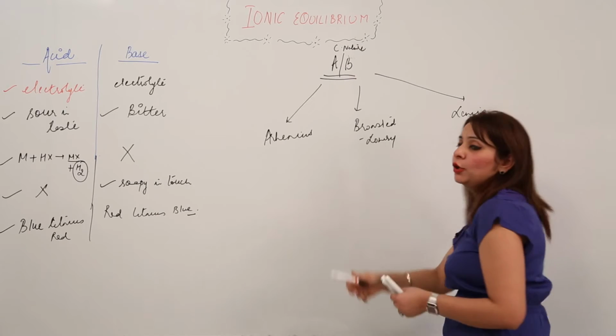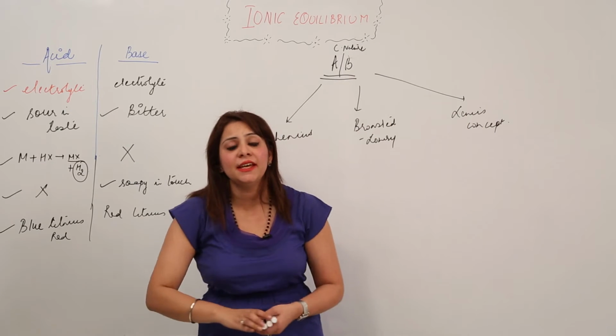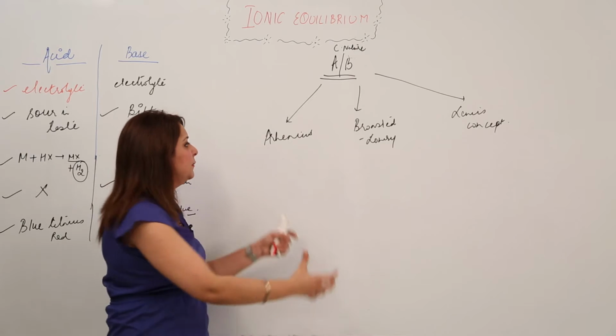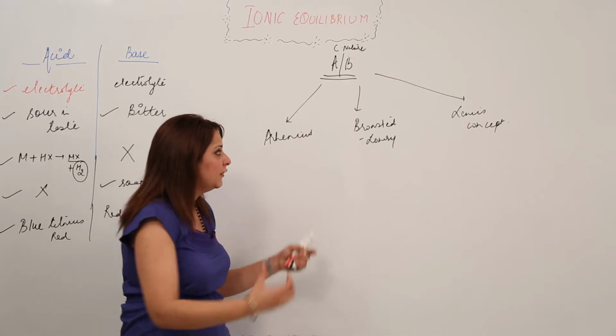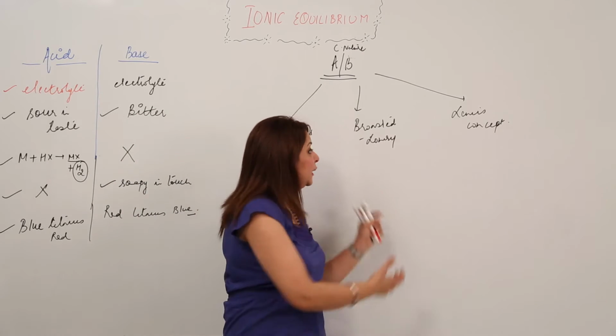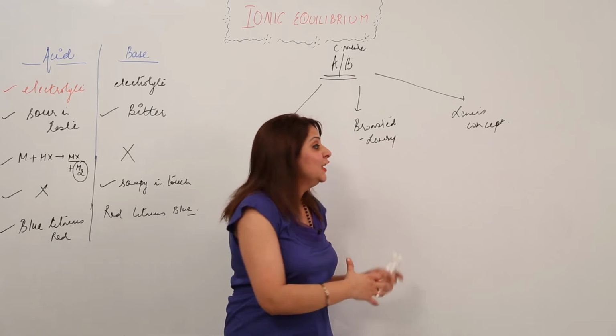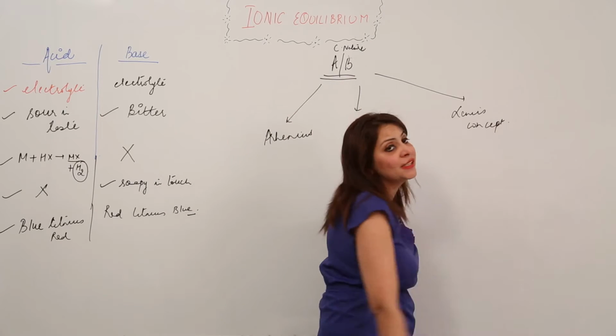There were some limitations of the Arrhenius theory which were covered by the Bronsted-Lowry concept. It was a broad concept, but the still wider concept is the Lewis concept.